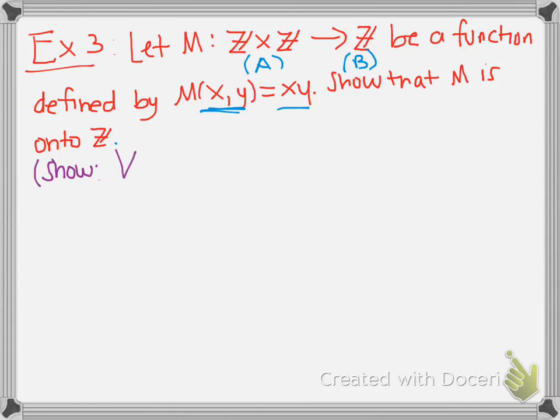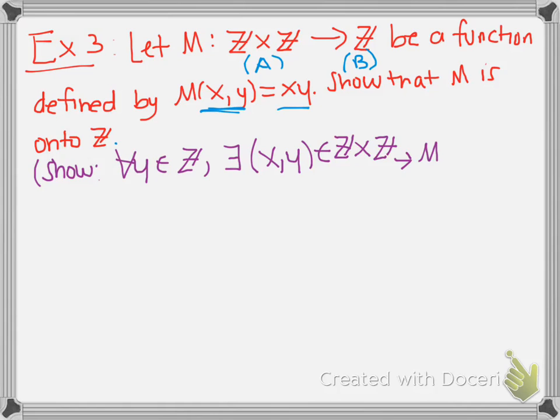Show for every Y in Z, there exists an XY, because the domain is ordered pairs belonging to Z cross Z, such that M of XY equals Y. That's what we need to show. That's the definition of what it means for something to be onto.